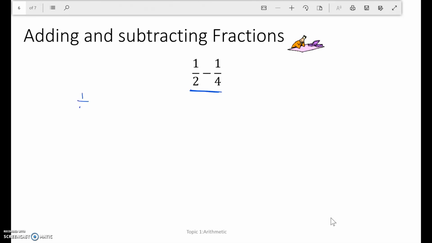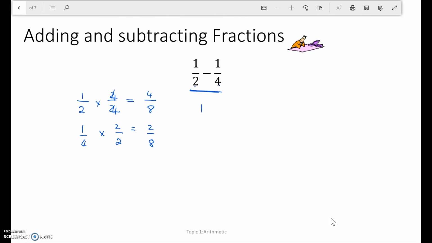The easiest way to do it is to multiply top and bottom by something that will give us the common denominator of 2 4s are 8. So that fraction will become 4 over 8, and 1 over 4 times 2 over 2 will give us 2 over 8. Now I know we can do this a little bit more simply, but this is the theory. This is what we're going to do.